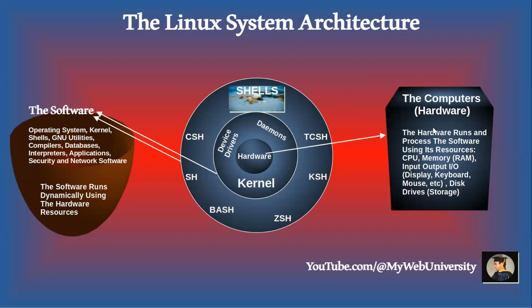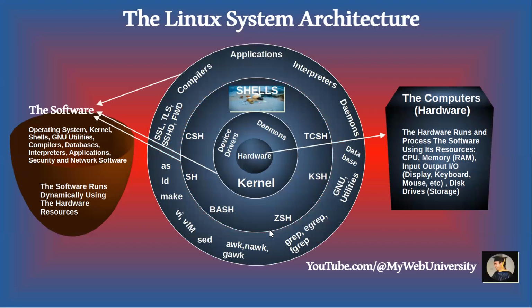On top of it, there's software that runs, which is the entire operating system that controls all of these interfaces. As you can see, it's the core part of it, and the circle that I have is the hardware.